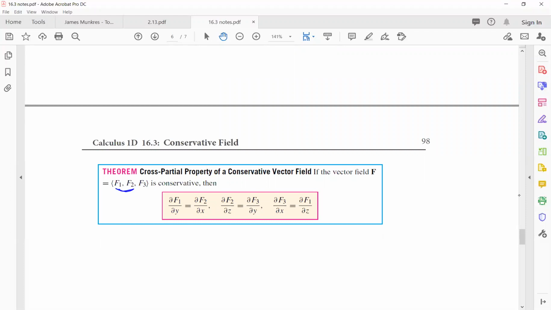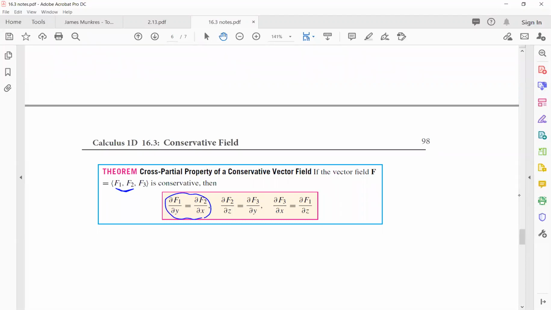So when you're working with the first component, second component, you're taking the partial derivative of the first component with respect to variable y. Then you take the partial derivative of the second component with respect to variable x. They must be equal to each other.